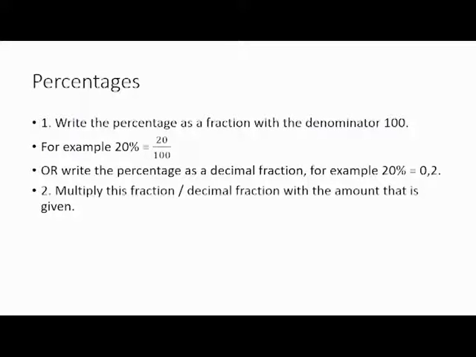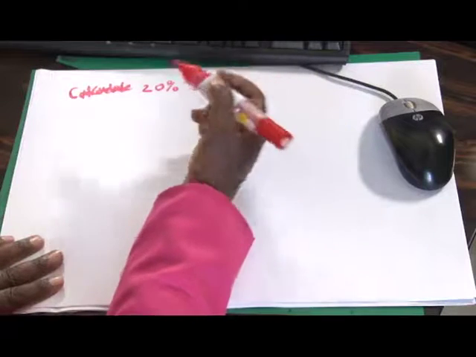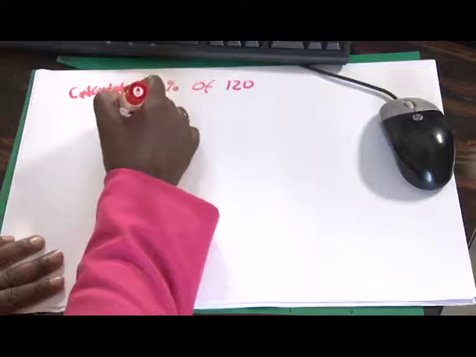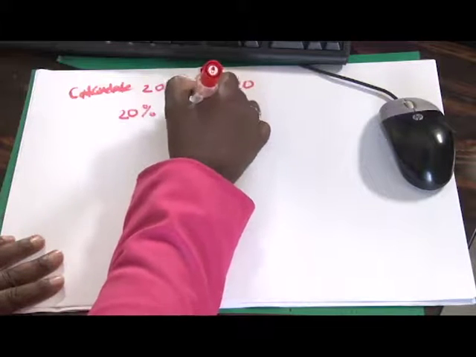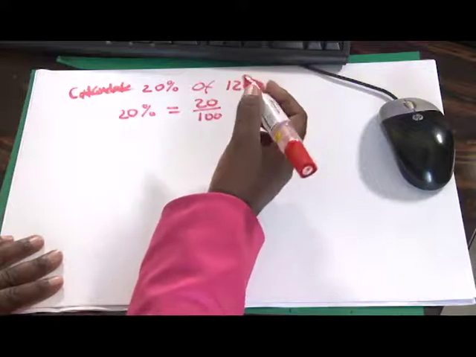Let's say, okay, where do we start? Now, because it's a percentage we know it's always out of 100. Then 20%, firstly, is equal to 20 out of 100. That's the first step.